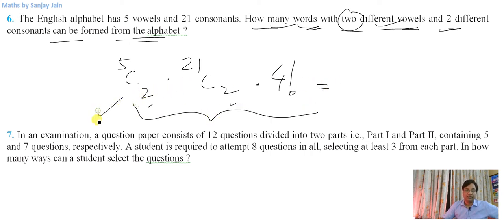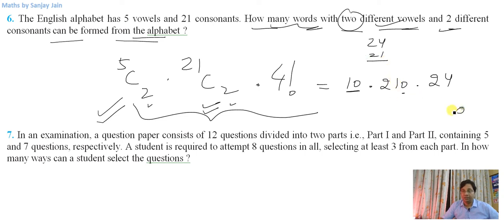So these many words can be formed as per the given conditions. So how many are these? This is 5 into 4 by 2 into 1, so that is 10. This is 21 into 20 by 2 into 1, so 210. And this is 24, right? So there are these 2 zeros. 24 into 21 is what you need to find out.